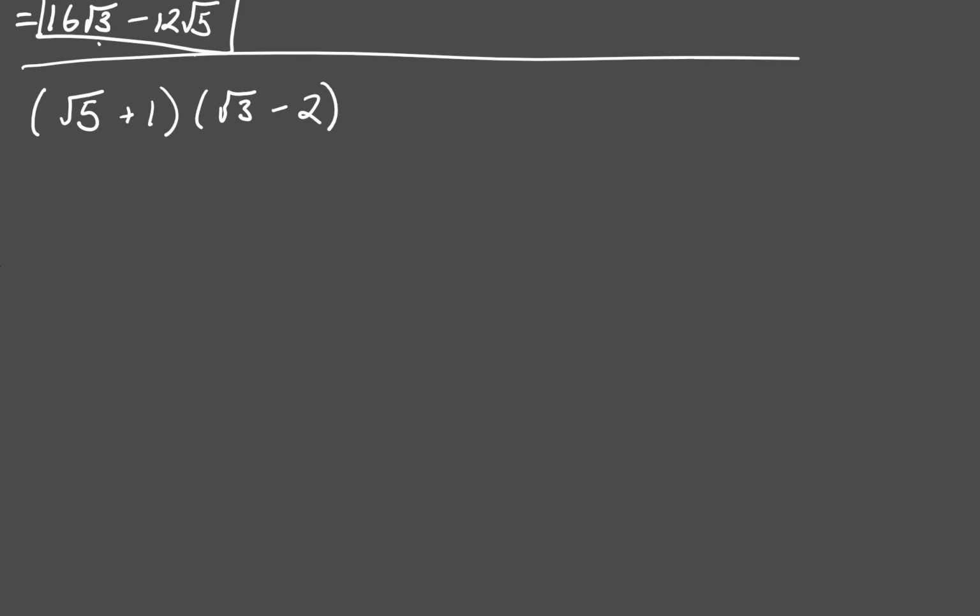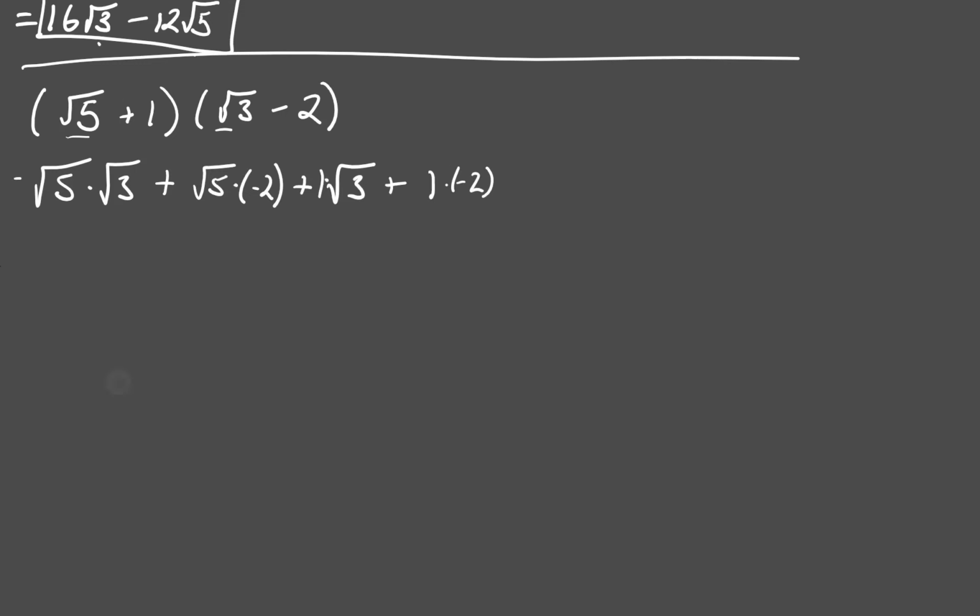Well, FOILing, we take the first guys together, right? I've got the square root of 5 times the square root of 3, plus the outside guys. That's the square root of 5 times a negative 2, plus the inside guys. That's 1 times the square root of 3, and plus the last guys. So 1 times a negative 2. So that's FOILing that out.